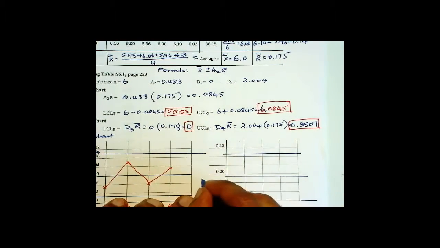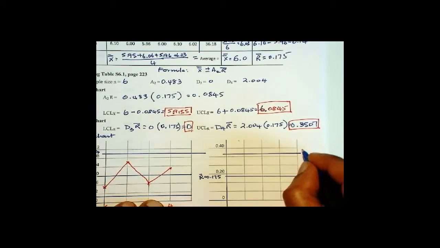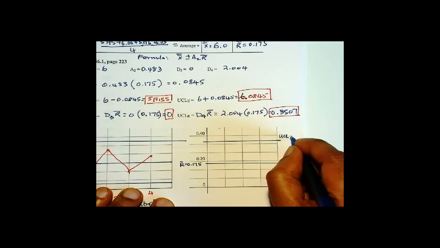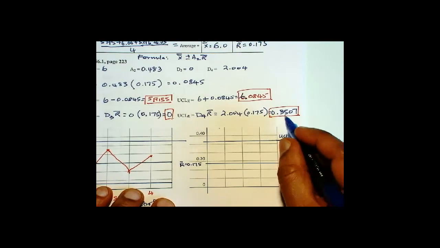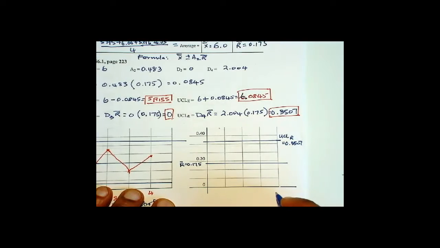So this is R bar 0.175, and the upper control limit of R is 0.3507, and the lower control limit for R is 0.